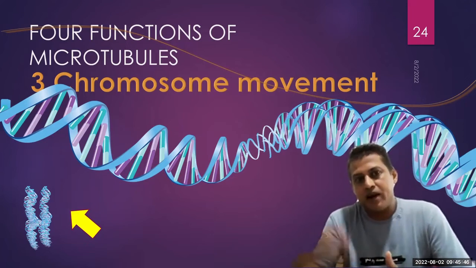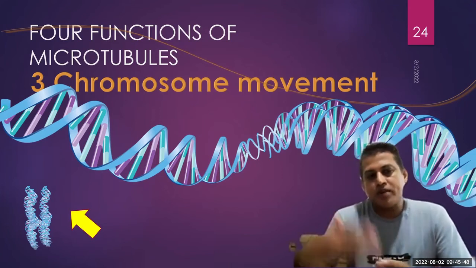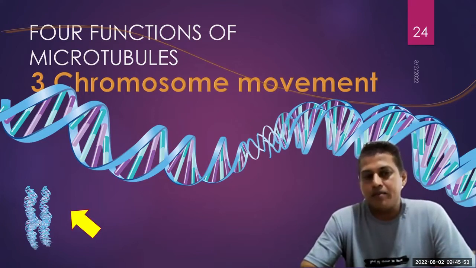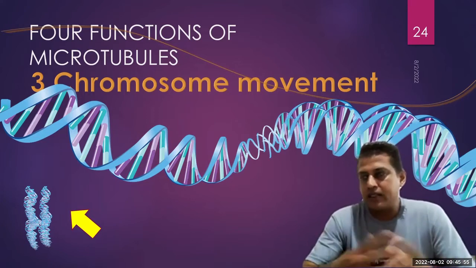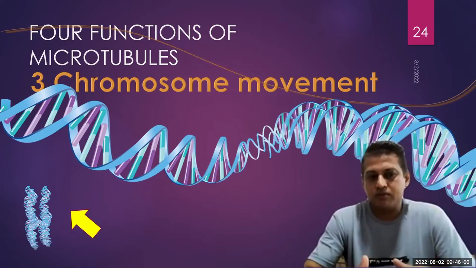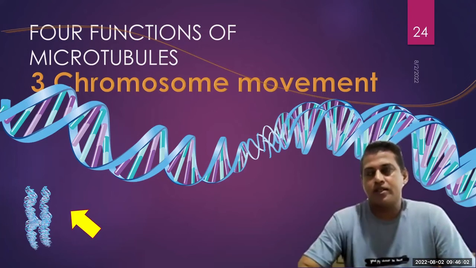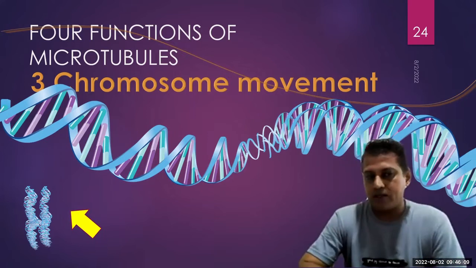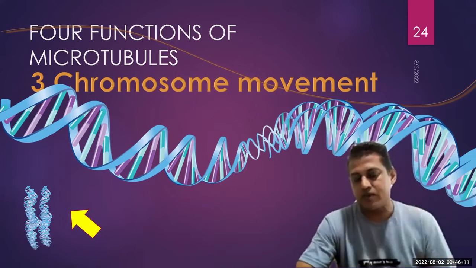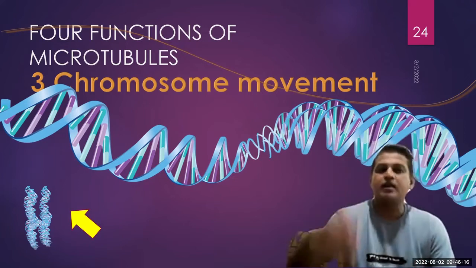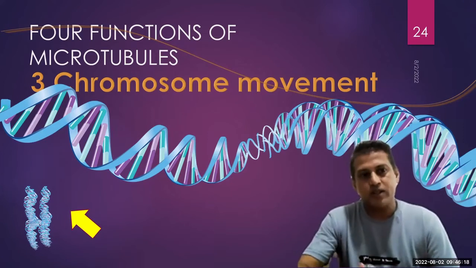But when the cell is dividing, going to make another cell, then we can see chromosomes, because at that time everything is going to double. The DNA molecule doubles, then we can see the chromosome. Within the chromosome, the single molecule is called a chromatid. So I think it's very important that you remember these words clearly with their meanings, no confusion, because again and again we are going to learn these molecules.